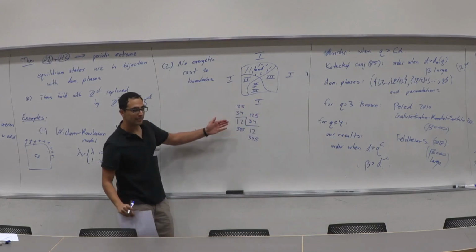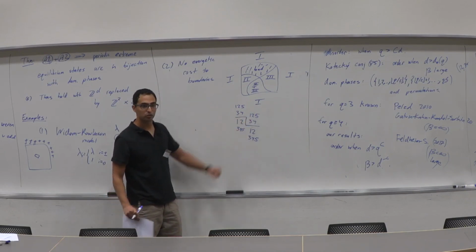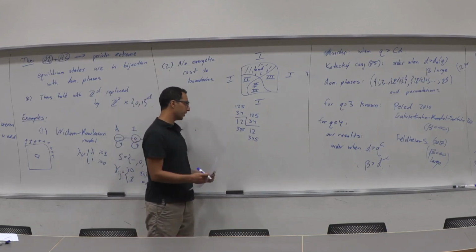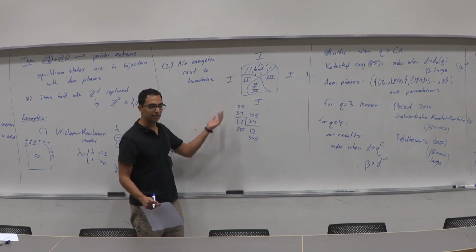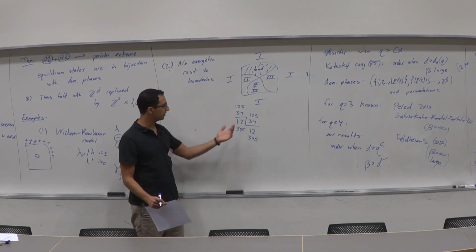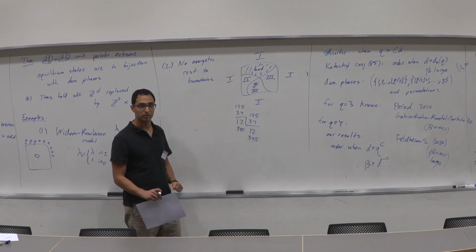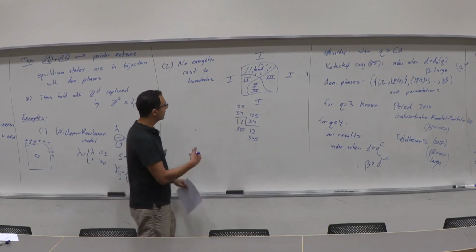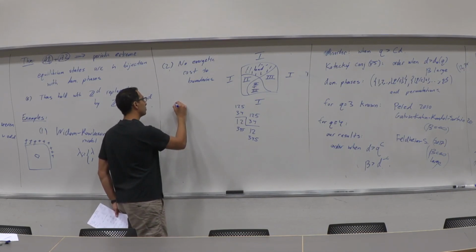But this is supposed to show an interface between 2 phases, the 1, 2, 3, 4, 5 phase, and the 3, 4, 1, 2, 5 phase. And if you think about this, there is some loss of entropy here, because instead of having every other vertex have 3 choices, there are 2 vertices next to each other which only have 2 choices. Okay, and the way to work with these is to use entropy methods.